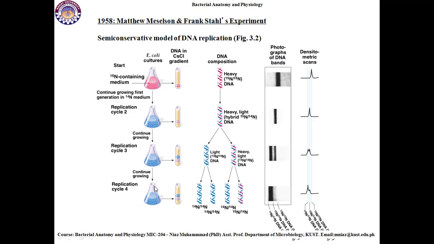After this, again it was grown in N14 in replication cycle 4, and the DNA was extracted and centrifuged in cesium chloride. One peak was reduced and another was increased, because continuously it was growing in N14, so the peak of N14 was increased, and N15, because it was parent material, its peak was reducing gradually.